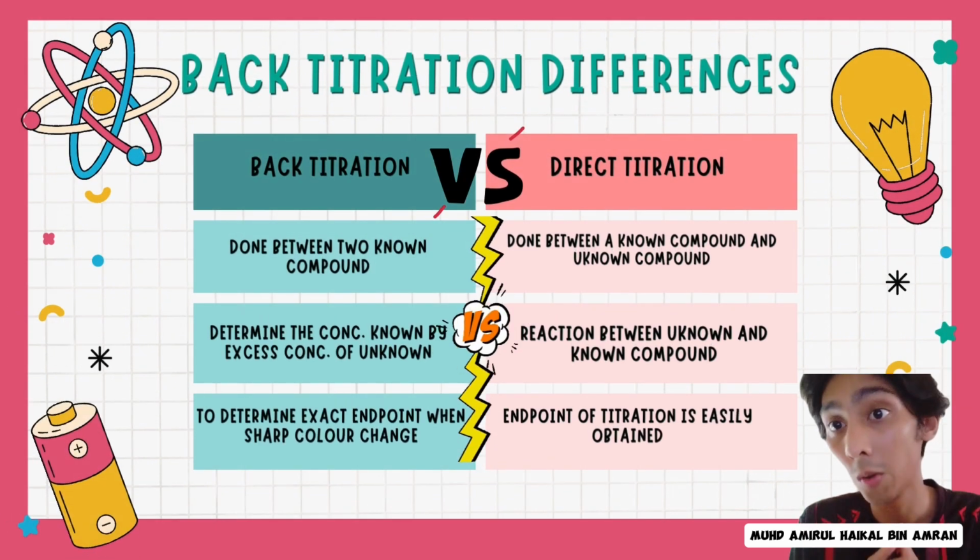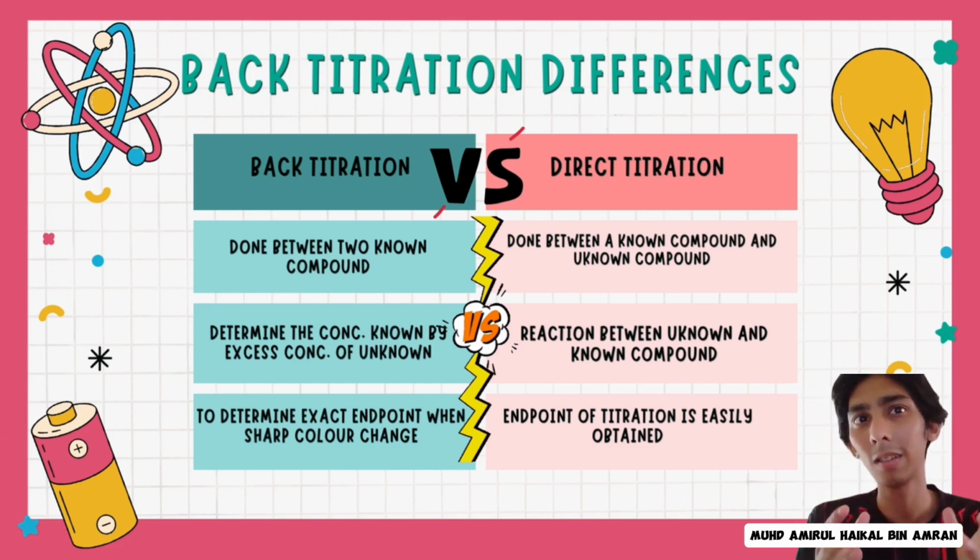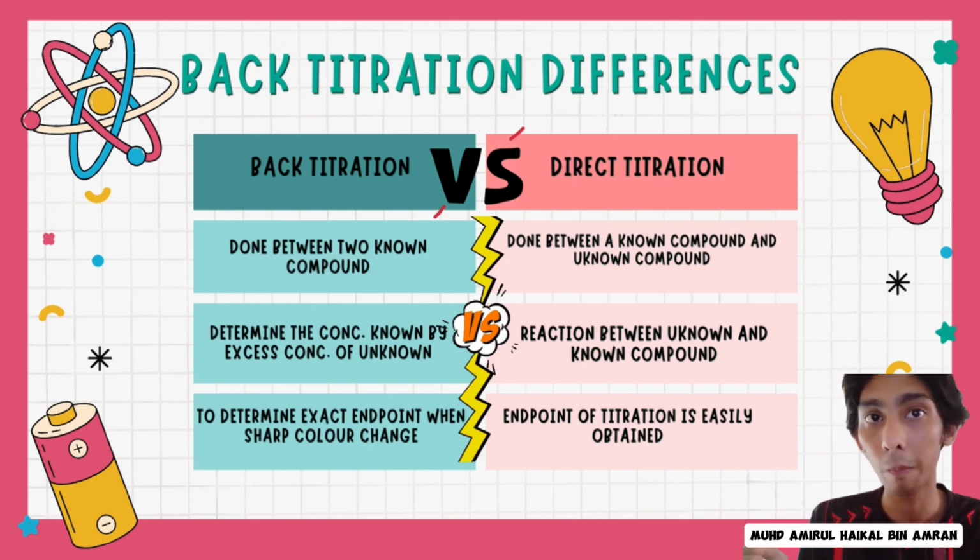Just so that we don't get confused, back titration is very different from direct titration. Back titration is done between two known compounds, but direct titration is done between a known compound and an unknown compound.